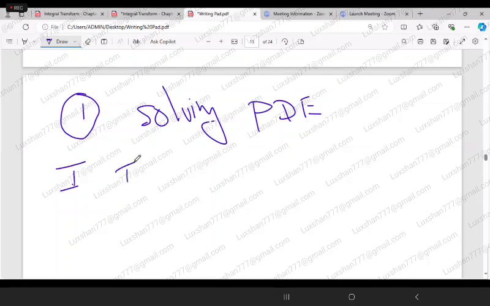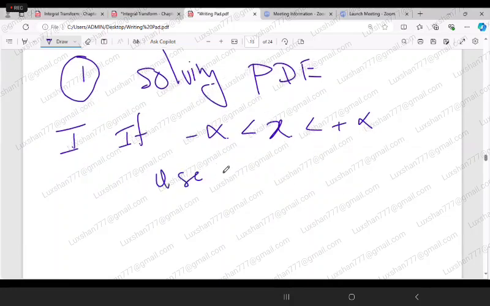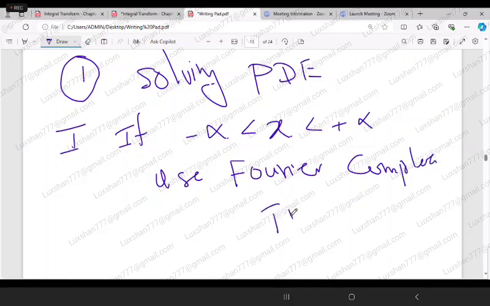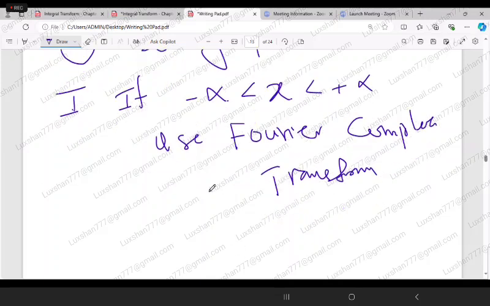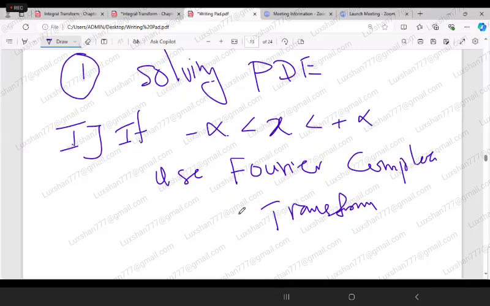If the range is minus infinity less than x less than plus infinity, use Fourier complex transform. This is the rule. If x is the variable of which the range is minus infinity to plus infinity, then use the Fourier complex transform.